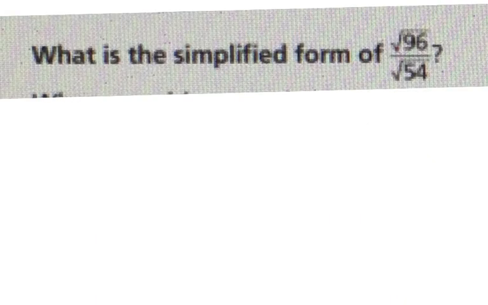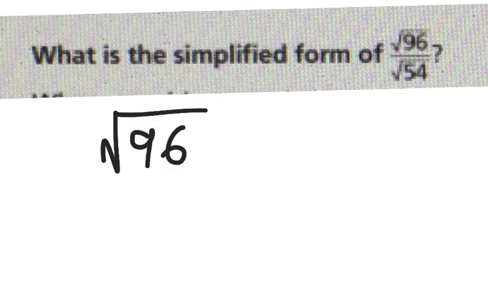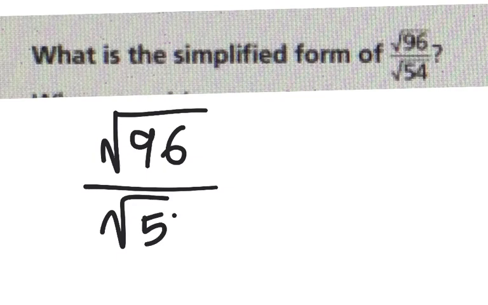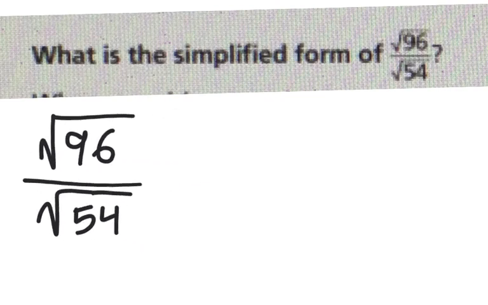Differently. So this is what I want us to look at. Square root of 96. Is that a nice one? No, it's not. Square root of 54. Is that a nice one? No, it's not. So I need to look for perfect squares that I can work in here. Again, my list of perfect squares: 1, 4, 9, 16, 25, 36, 49. That should be a long enough list for here.